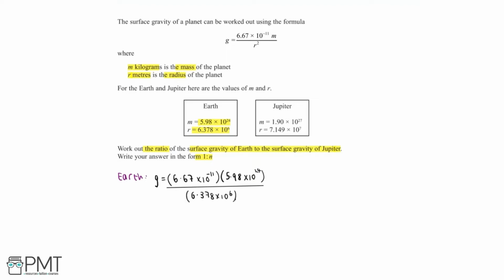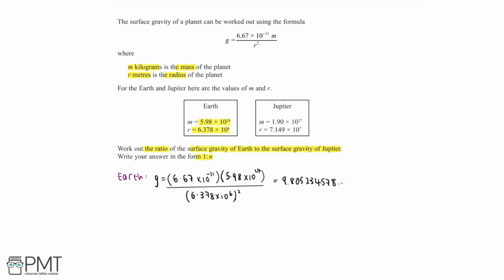And a common mistake is forgetting to square the denominator, so make sure we have that squared in our formula. And so putting these values into our calculator, we can see that the surface gravity on Earth is equal to 9.80523457.8... And we're not going to round our answer just yet, because we haven't finished working out the full question.